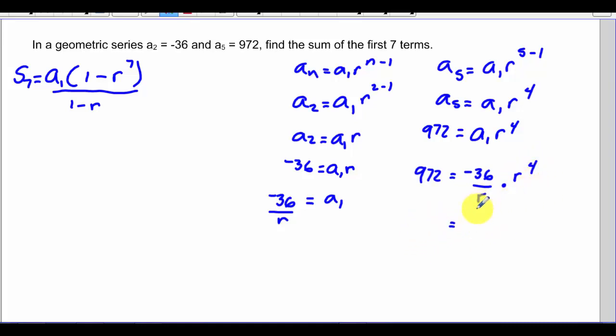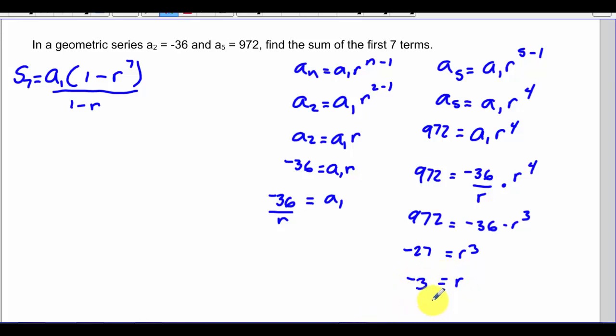R to the fourth over r reduces to r cubed, so I have negative 36 times r cubed is equal to 972. My next step will be to divide negative 36 to the other side, and 972 divided by negative 36 is going to be equal to negative 27. That's going to equal r cubed, therefore r is equal to negative 3.